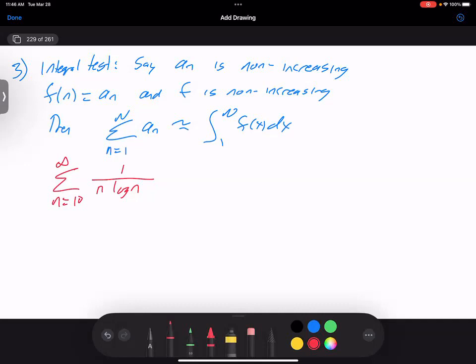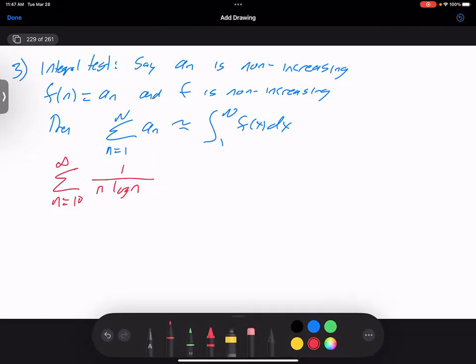That gives me no information. If I want to show it diverges, I have to show that it is greater than something that diverges. If I want to show that it converges, I have to show that it is smaller than something that converges. This is larger than 1 over n squared, and it's smaller than 1 over n. So it's not clear what to do.